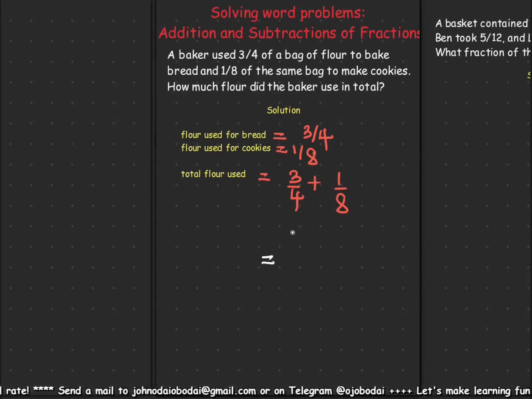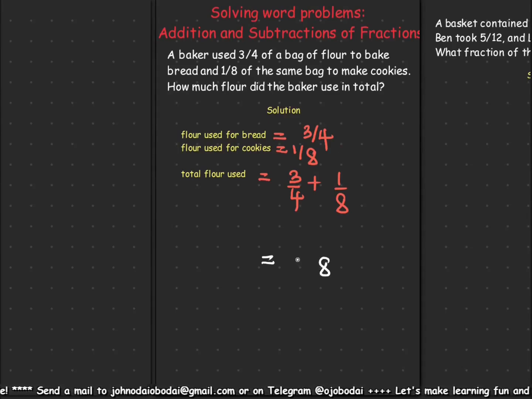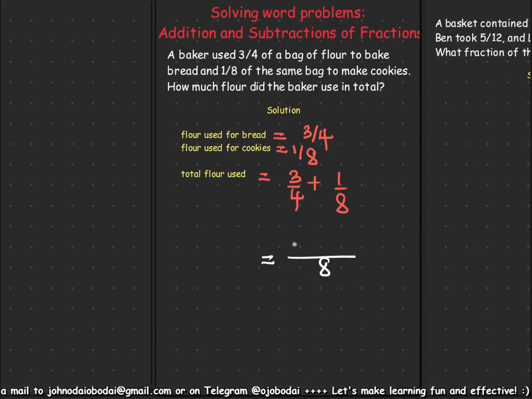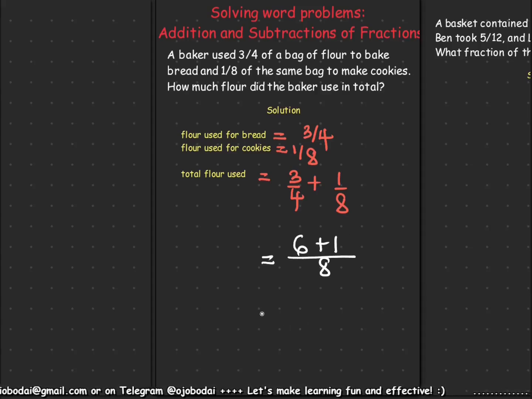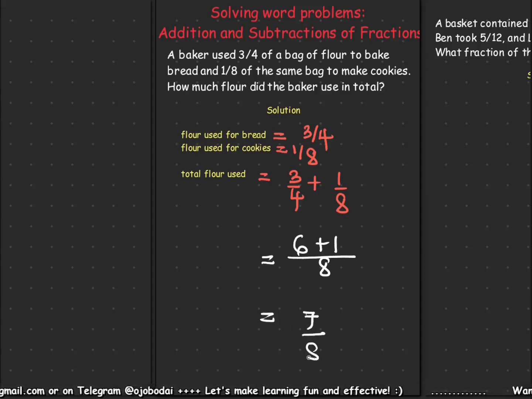LCM of 4 and 8 becomes what? 8. Then we ask ourselves, 4 divides 8 how many times? Twice. 2 times the 3 gives us a 6. 8 divides 8 how many times? Once. 1 times 1, we have what? 1. Then this gives us 6 plus 1, which is 7 all over 8.